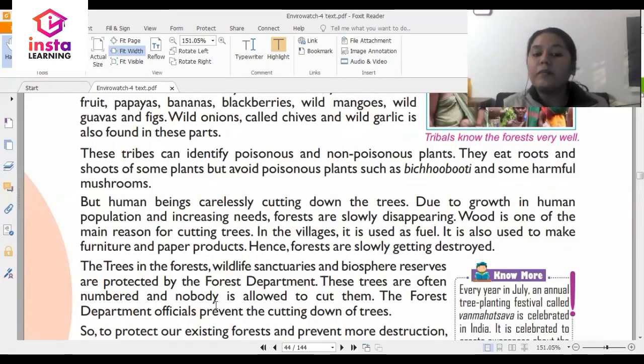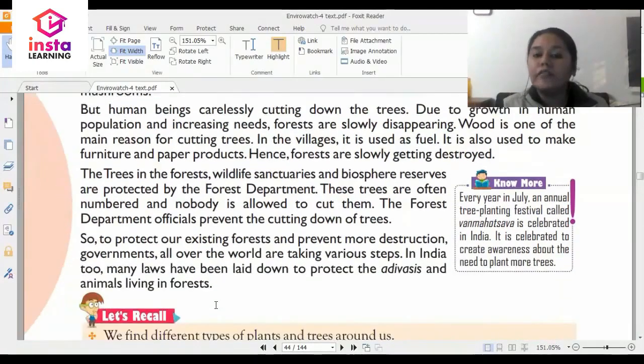The forest department officials prevent the cutting of these trees. So, to protect our existing forests and prevent more destruction, governments all over the world are taking various steps. In India too, many laws have been laid down to protect the Adivasis and animals living in the forest.